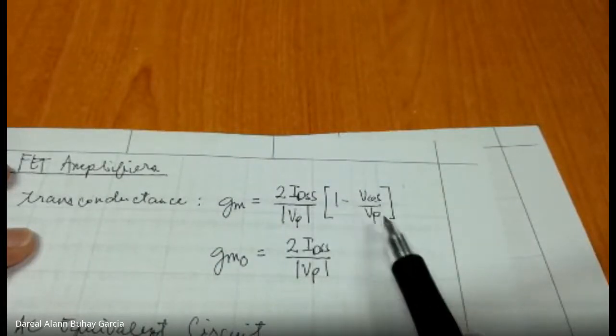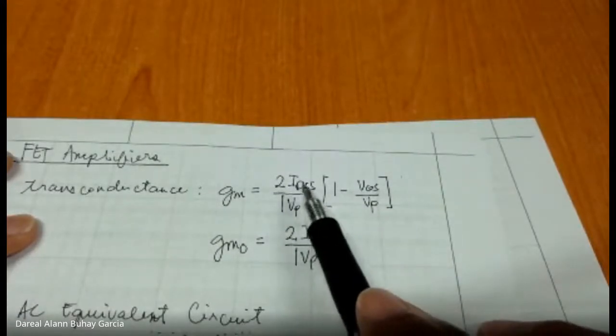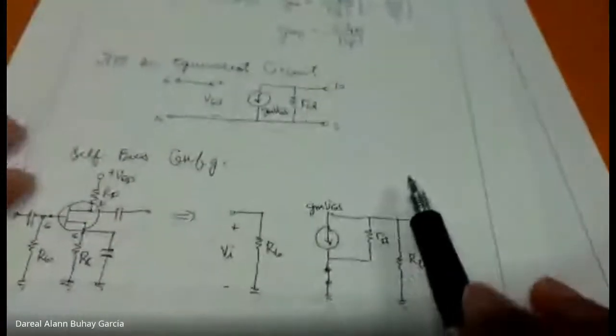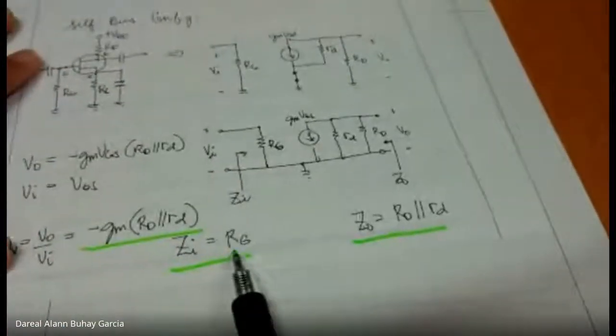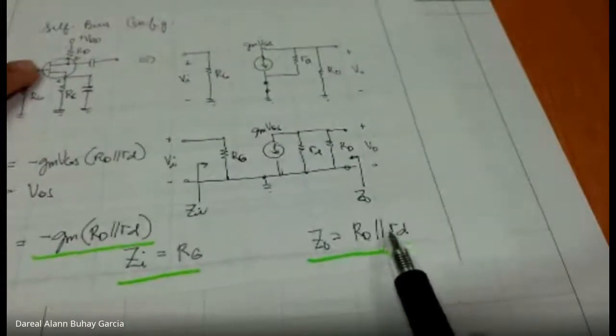No? Si ID, di na ganyan siya need. I-obtain. Given VGS lang, meaning the expression for VGS. Si ZI is given, si ZO is RD parallel rd. Ano ba yung formula ni small rd? Or given na siya dapat.